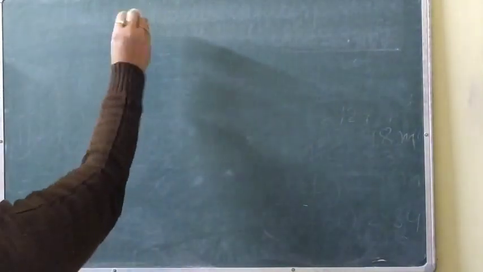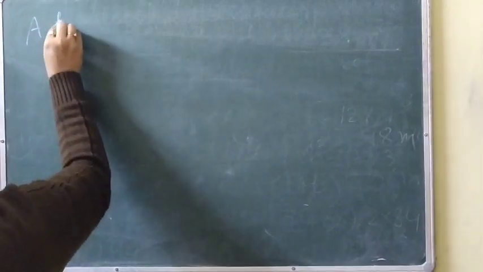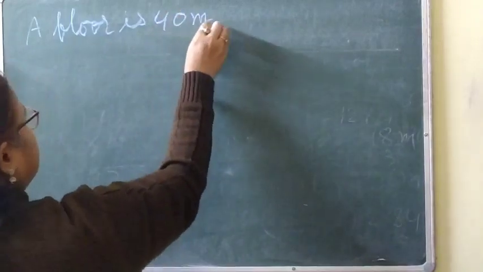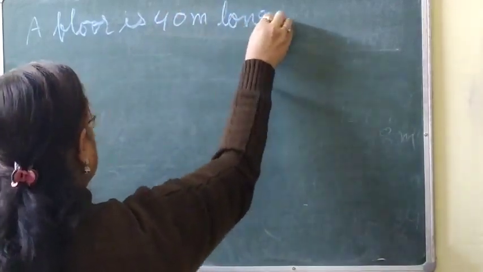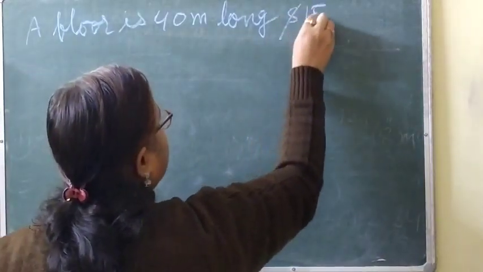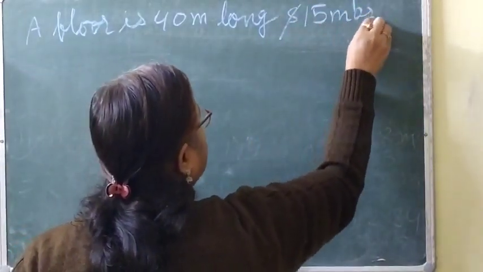A floor is 40 meter long and 15 meter broad.